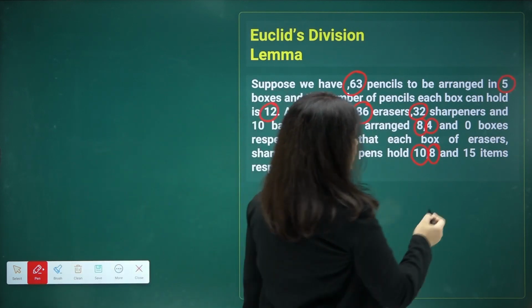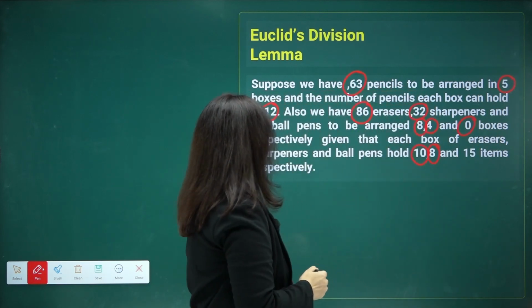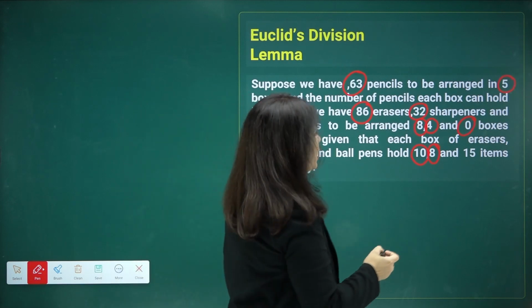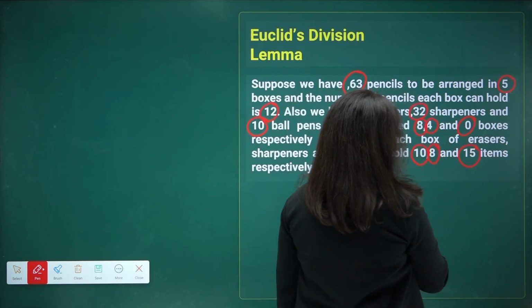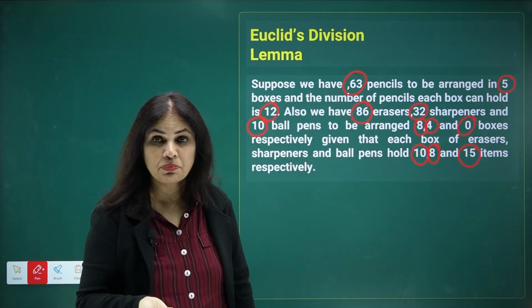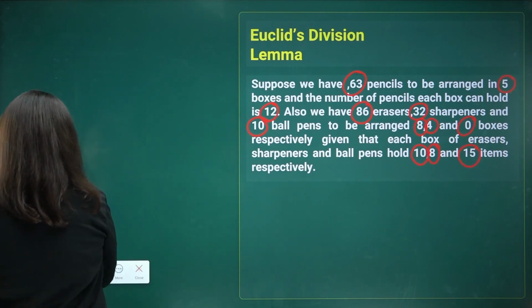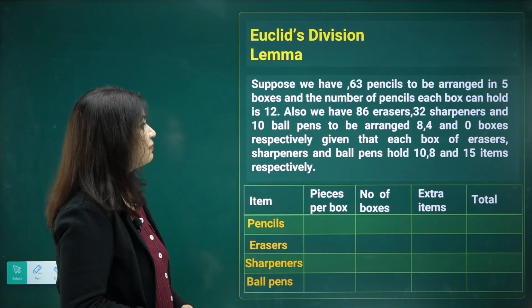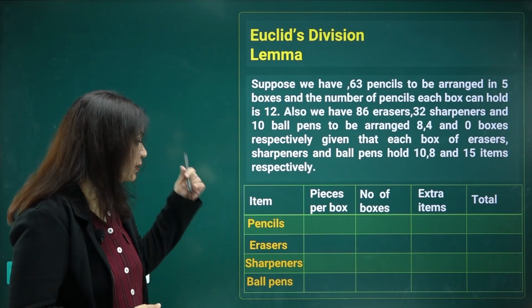We have 0 boxes for 10 ball pens, they have to be kept loose, and the capacity of each box, if it was there, was supposed to be 15. So, because all these numbers are looking very complicated, let us tabulate them in a systematic manner.